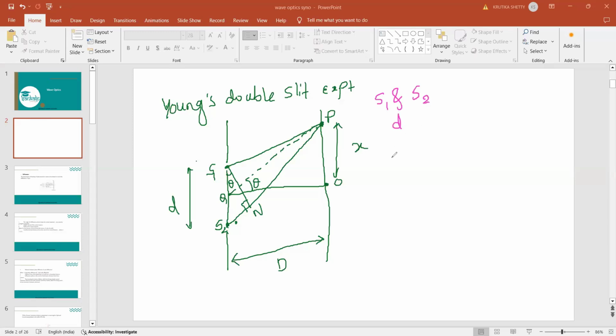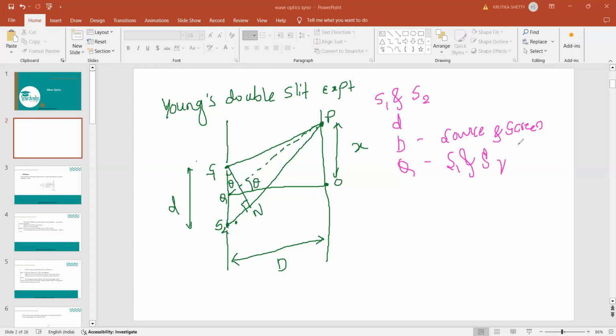Small d is the distance between the two sources. Capital D is the distance between the source and the screen. Q is the midpoint of the sources S1 and S2.